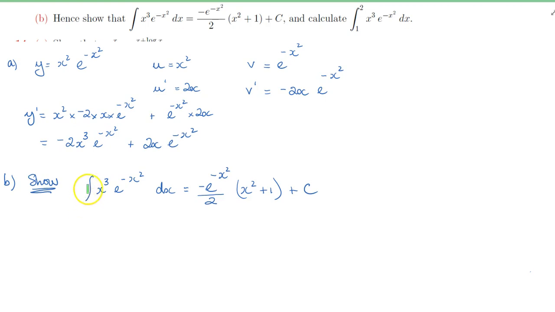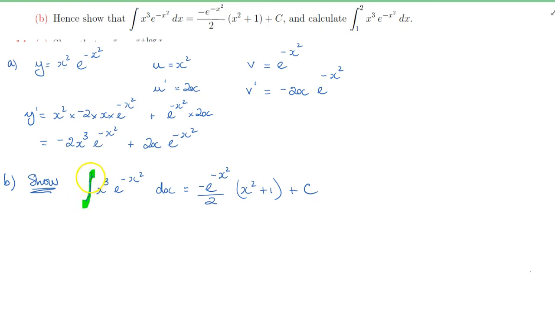So the question now has an integral sign in it. And I guess what we would be doing, because B followed on from A, we would be trying to tie our answer from A somehow into B. There is no integral here in our solution to A. I guess we do know that if you're asked to differentiate, then the integral of this answer takes me back to the original expression.